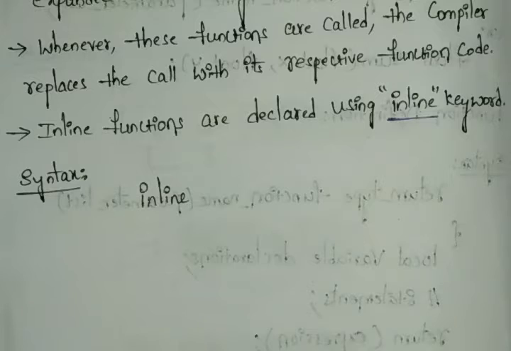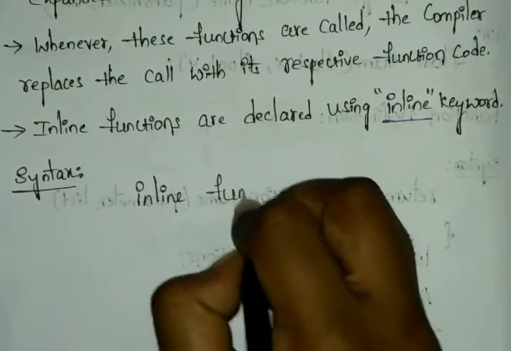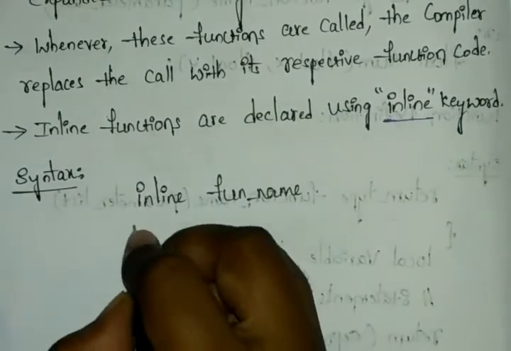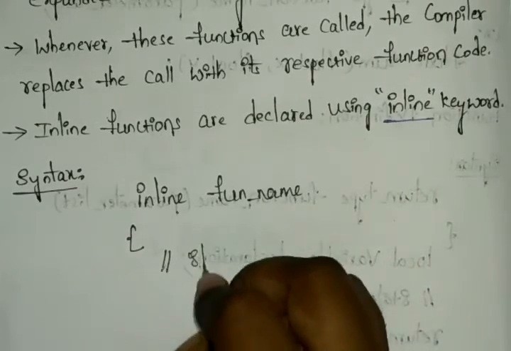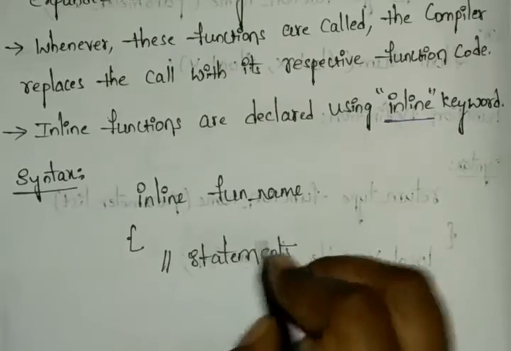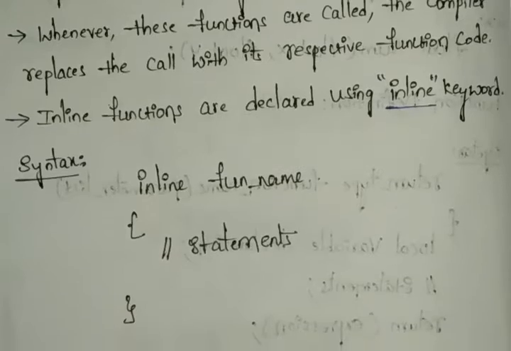The inline function uses the keyword inline, right? So first you need to start with inline, and it will also have some function name. After that it is opened with the opening brace. After that you need to write some statements into this, and then close it, and then close the function.